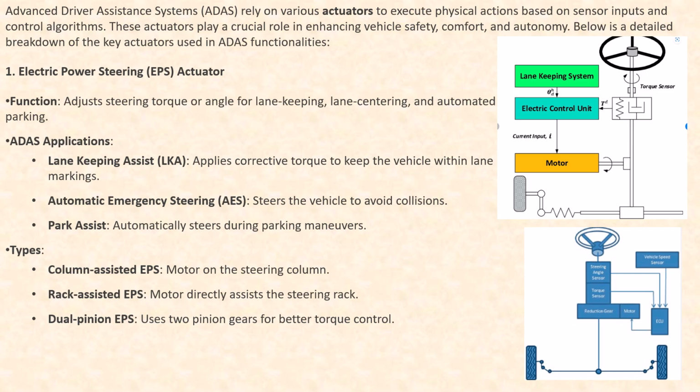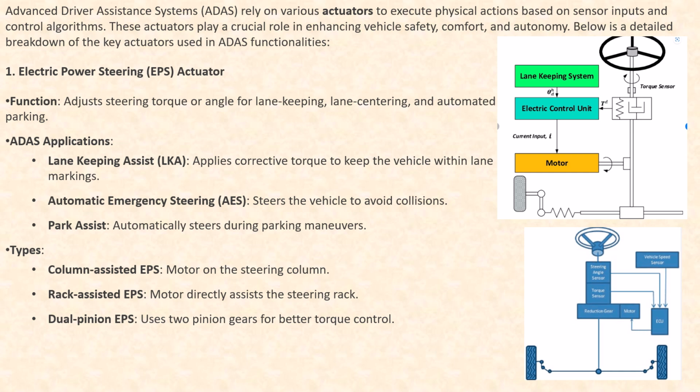Based on the sensor input, control algorithms, pre-processing, post-processing and software, these actuators are the actual physical action executioners. These actuators play a crucial role in enhancing vehicle safety, comfort and also autonomy.